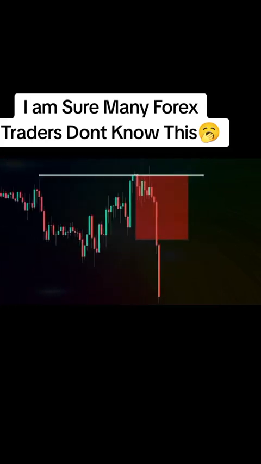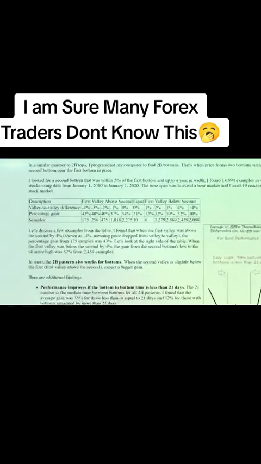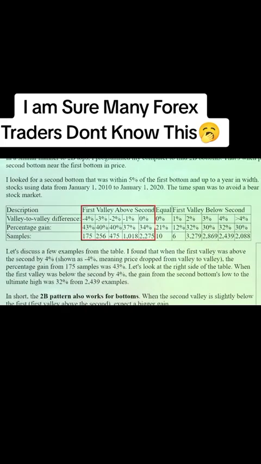Pretty simple. The statistics even back this up. These backtest results are from Thomas Bulkowski, a famous trader, and look just how interesting this is. So comparing if the first valley is above the second, that being a liquidity grab like we just talked about, compare that to if the first valley is below the second, something like this.